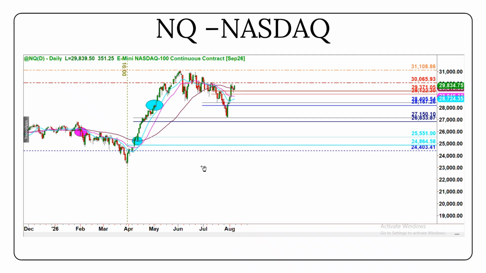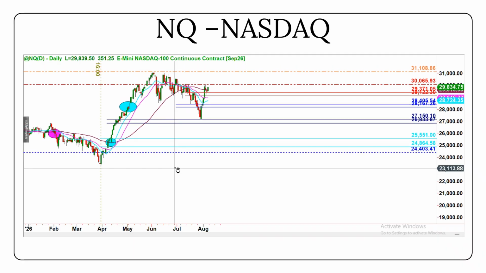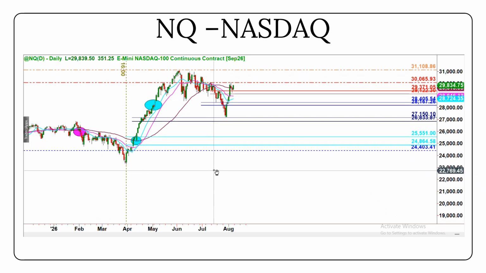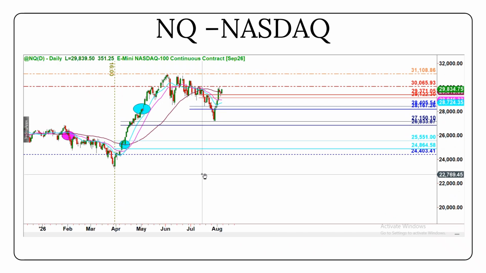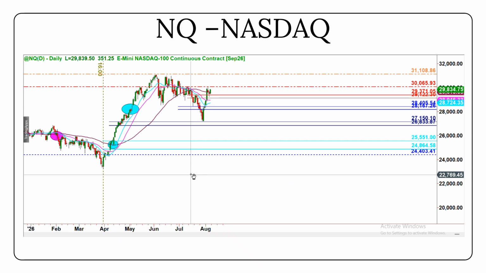So therefore, we still have to wait and see if we can manage to break above this 30065 at the back of the situation improving at the Middle East, and with all the expectations now hovering around the opening of the Strait of Hormuz sometime next week.